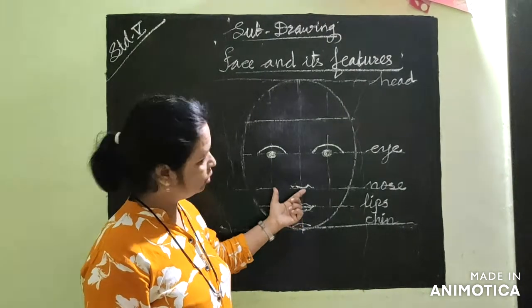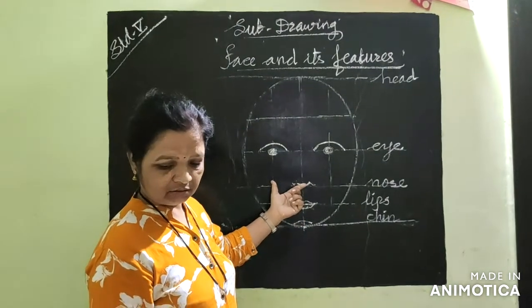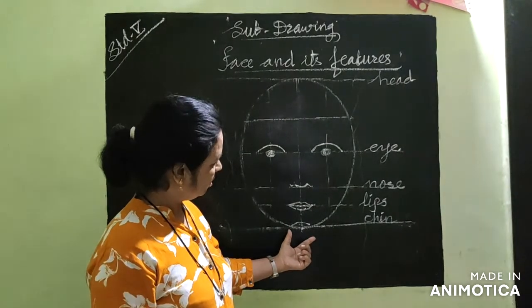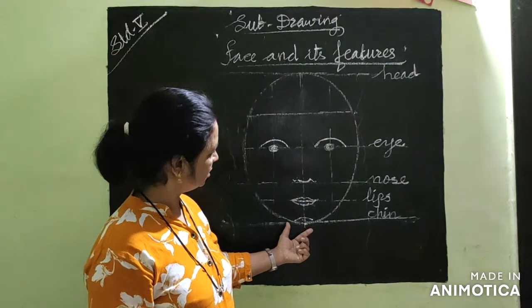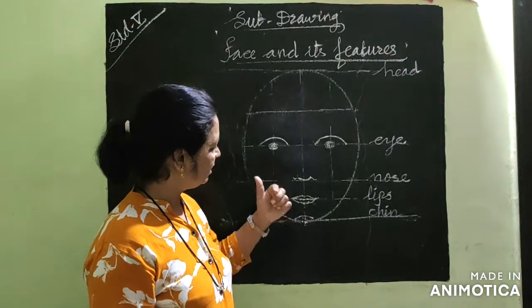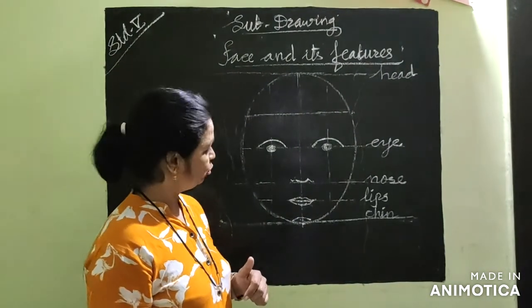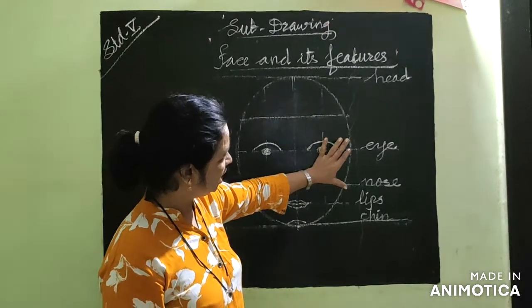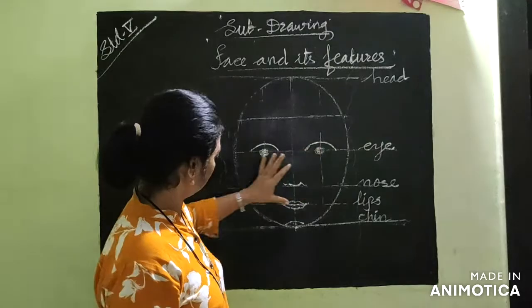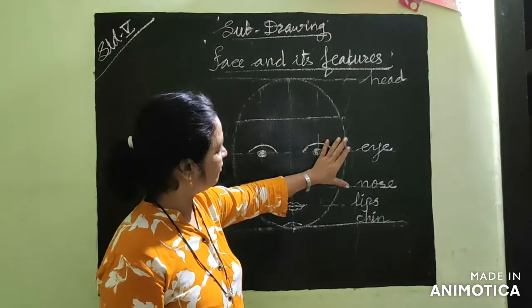Understand? This page is given in your textbook, page number 20. Before that, we will decide where our ears are located. Now let's find out. Here we have two levels, eye and nose. Here, this side left and right.